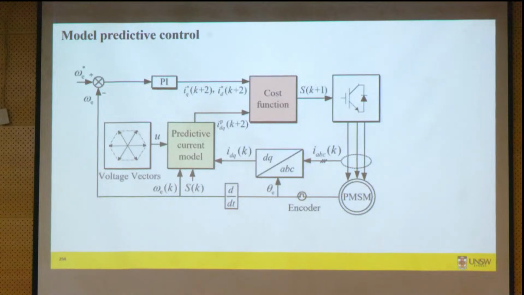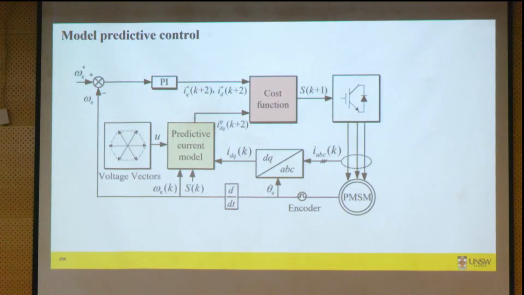Usually in MPC, you will be predicting the current one sample ahead, and use a cost function to minimize the error between the reference current and the feedback current.